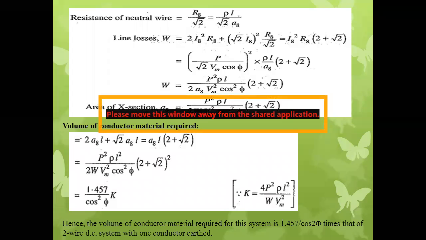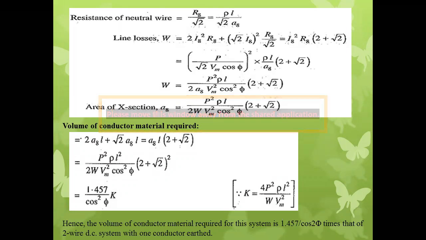Finally we will get A8 into L into bracket 2 plus root 2. Just put the value for this A8 from the above equation, which is P square rho L square divided by 2 into W into Vm square cos square phi into bracket 2 plus root 2 whole square.